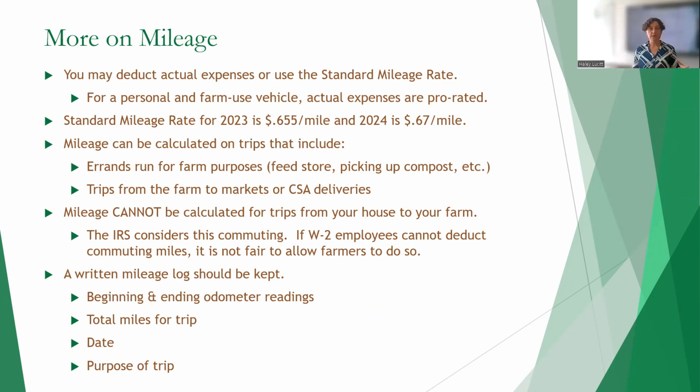If your vehicle is used for the farm and personal use, you'll need to prorate those. You can't take all of the vehicle expenses for the farm if you drive it to the grocery store too. Or you can take the standard mileage rate, which is usually easier to track than all the expenses for your vehicle. It also, for those of us like myself who drive an older vehicle, is a better deal than the actual expenses for the vehicle.